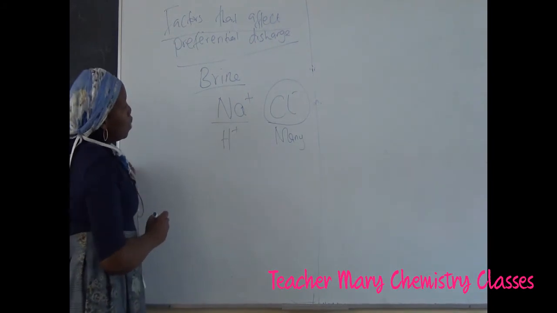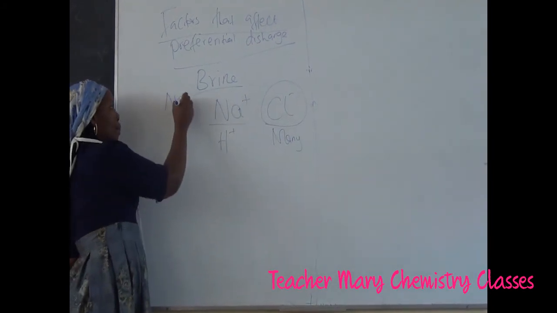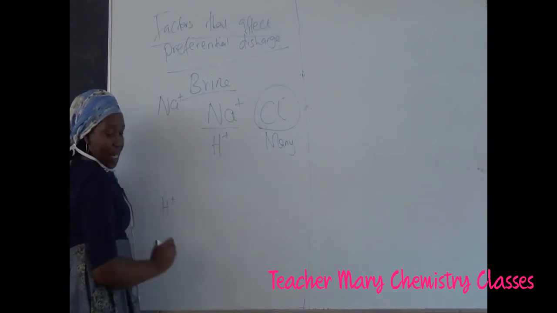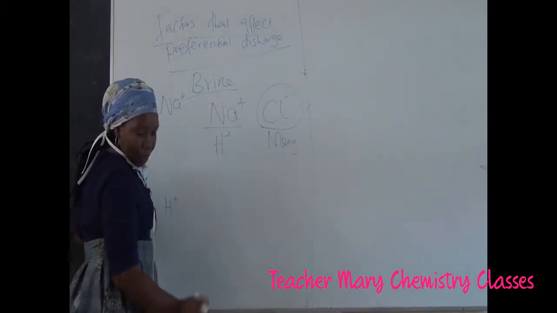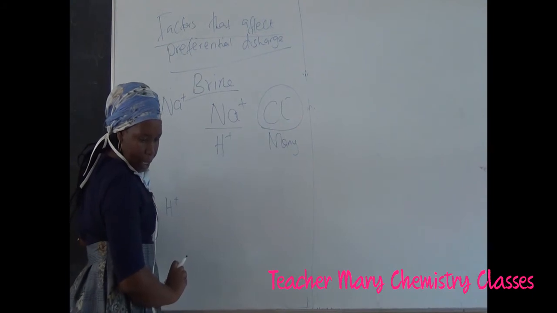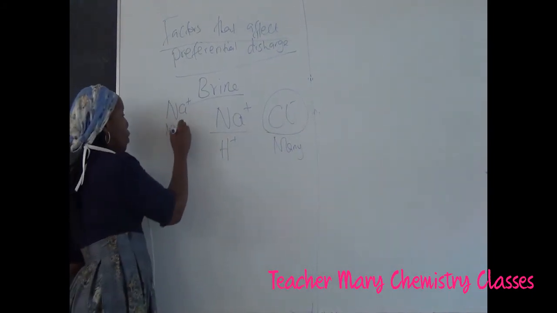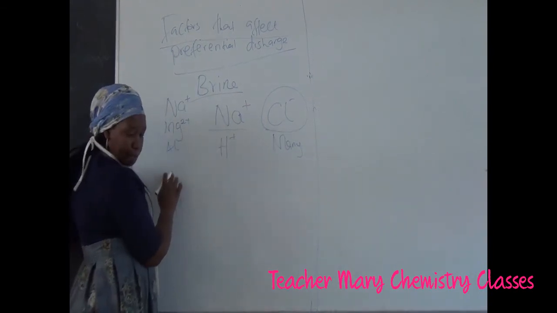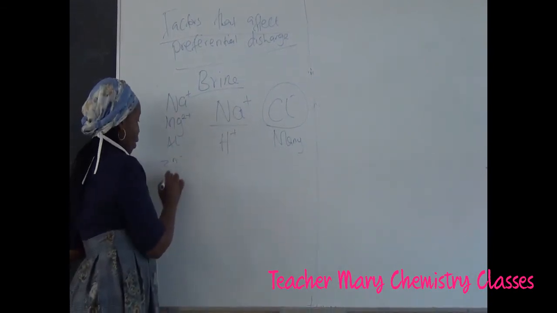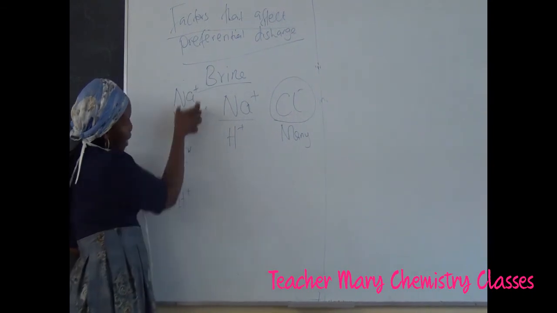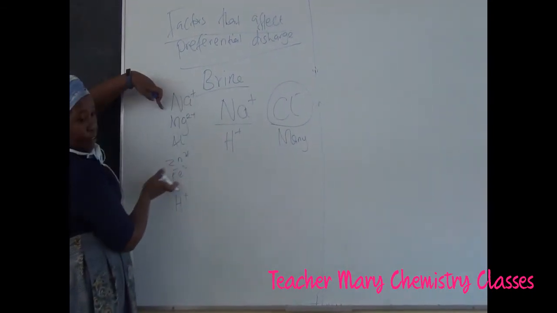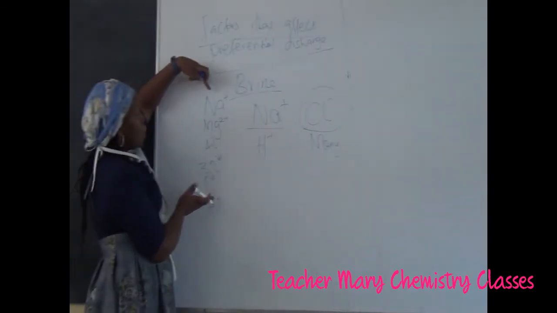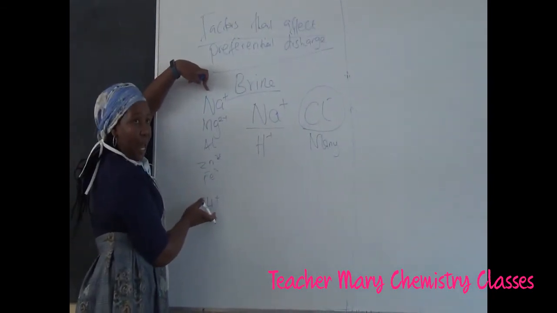But when you look at the gap between sodium ions and the hydrogen ions on the reactivity series, with magnesium, aluminium, zinc, iron in between, the gap is too big.